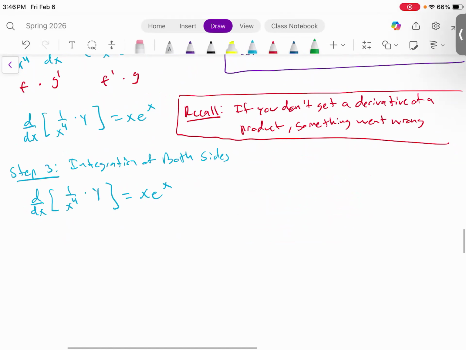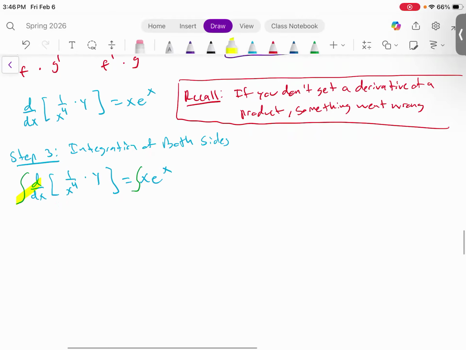And I need to integrate both sides. So if I integrate both sides, the integral and derivative cancel out. And so I'm left with 1 over x to the fourth times y equals the integral of x e to the x.